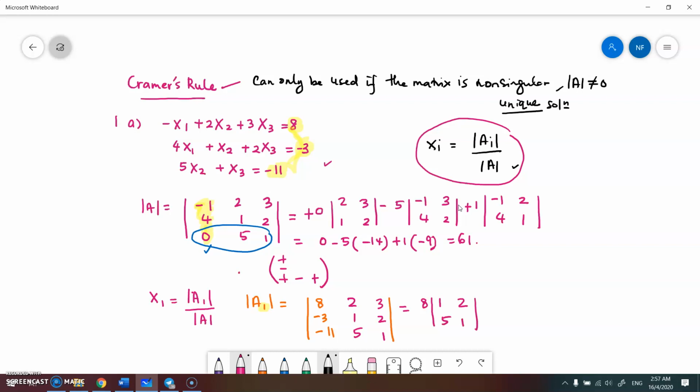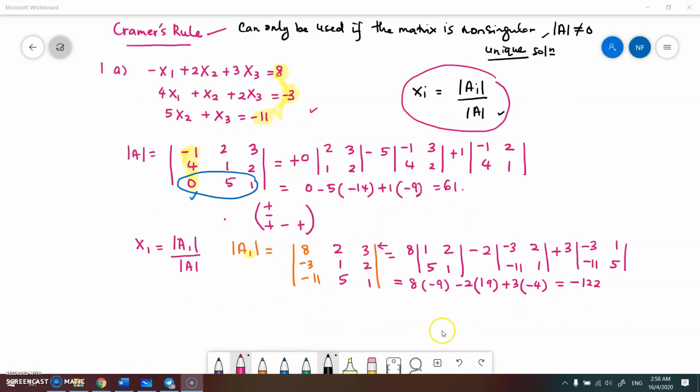Let's say I'm using the first row. So the determinant is negative 122.